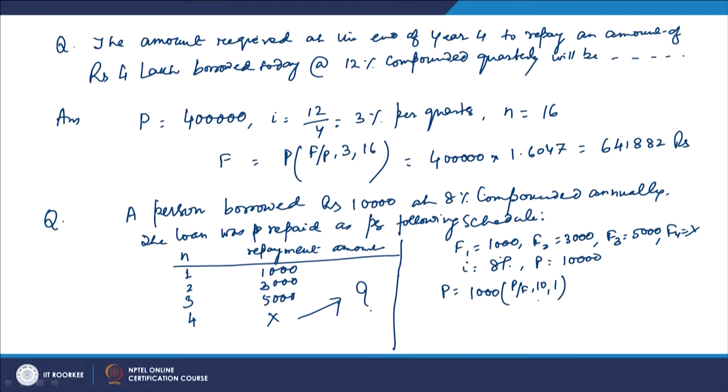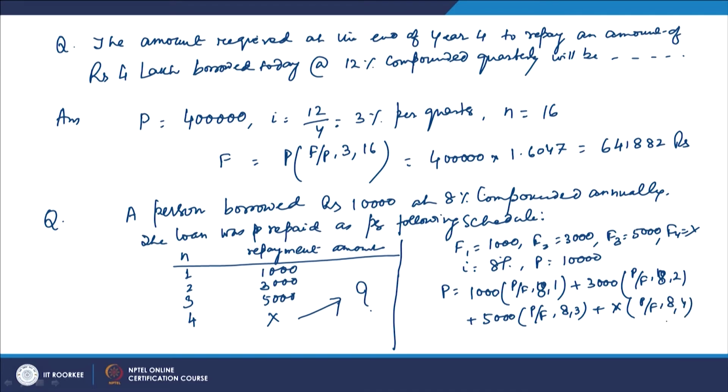Basically, it is nothing but 1 plus I raised to the power minus 1. Then you have 3,000 multiplied by P by F 8 2, and then 5,000 P by F 8 3 plus X P by F 8 4.